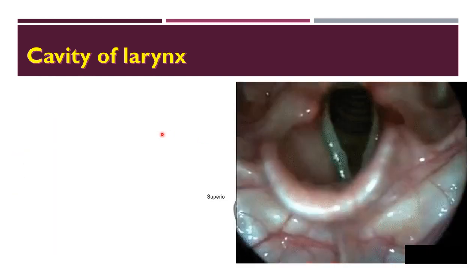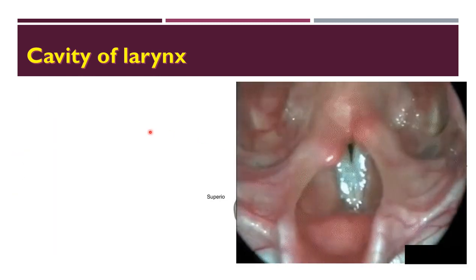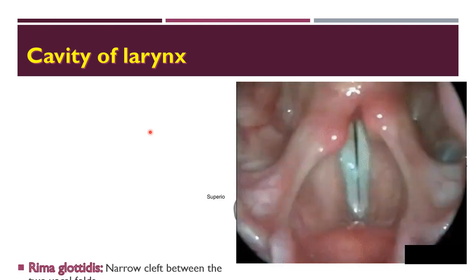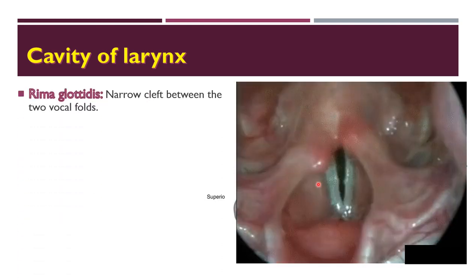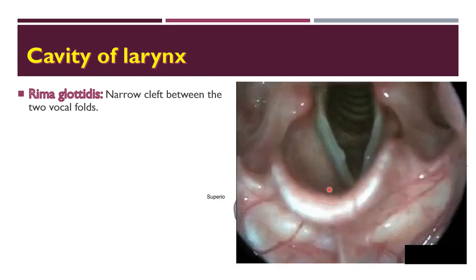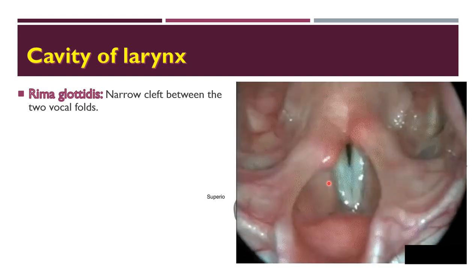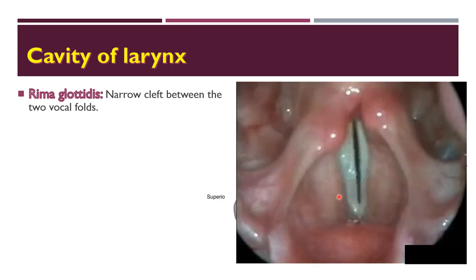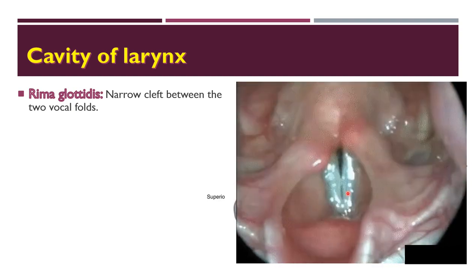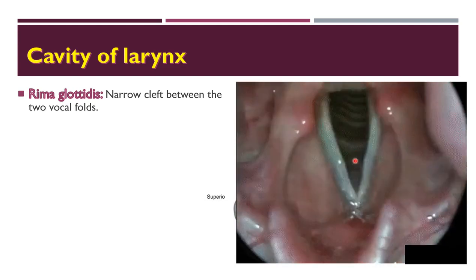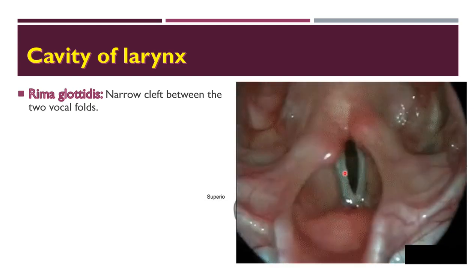Next, coming to the next fold, what you are able to see here is the Rima glottidis. Above, this fold is the false vocal cords or the vestibular folds, but now you are able to see the vibrating one, which is purely white in color. That is your vocal folds.